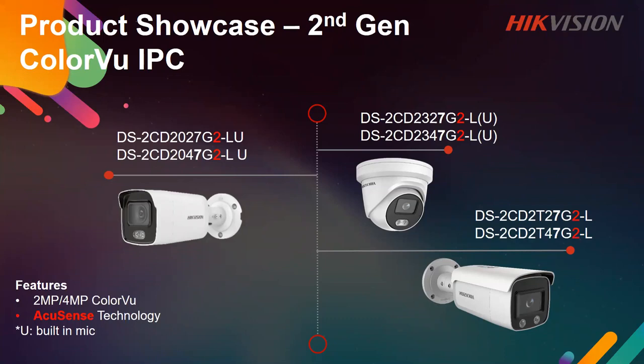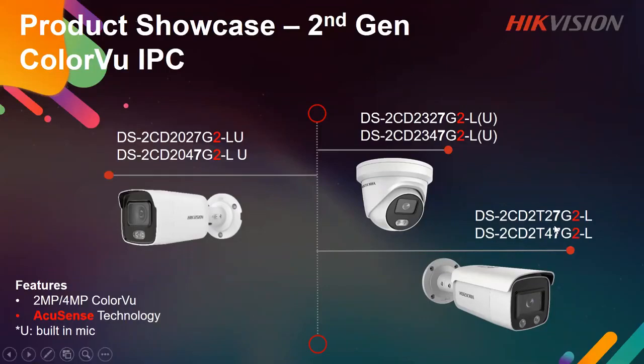So you have a camera here with a supplement ColorVu light, and within the same camera a GPU with an advanced analytical algorithm. It's a fantastic offering in terms of protecting, say, the perimeter of a site.